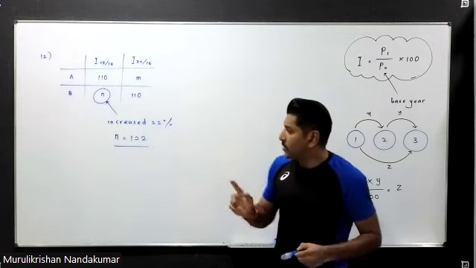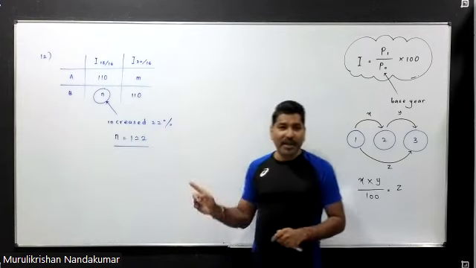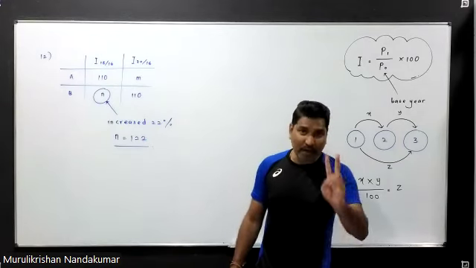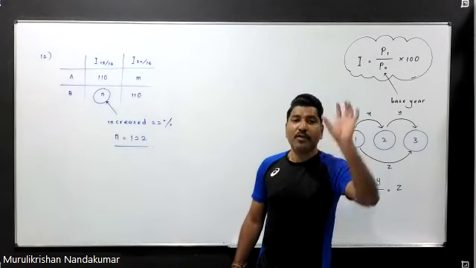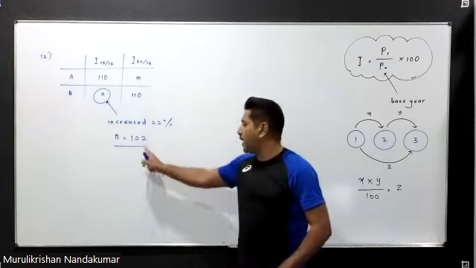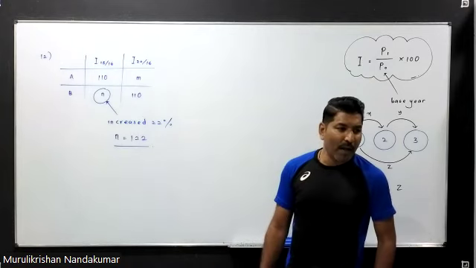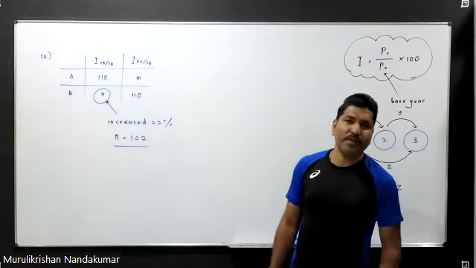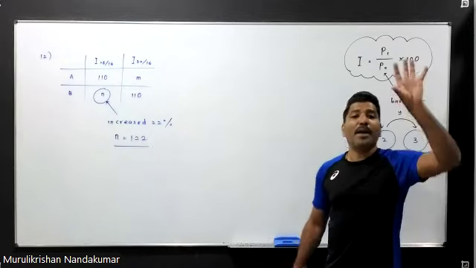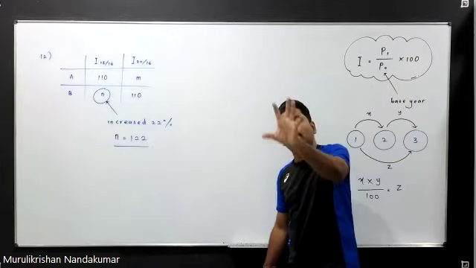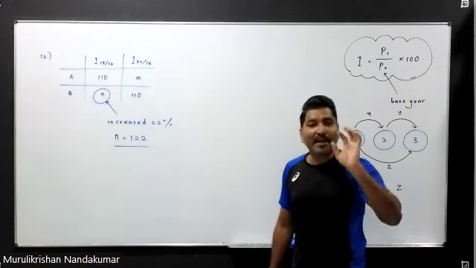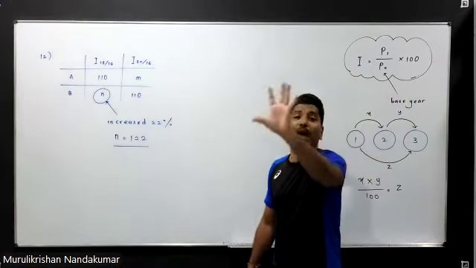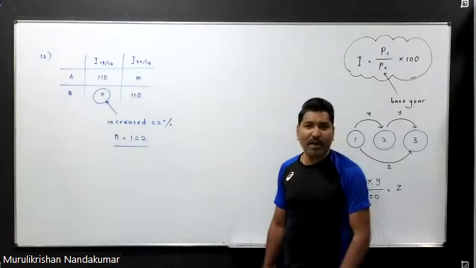Sekarang dia kata increased 22, right? So ambil 100 plus with the 22, you get 122. So that is the meaning of increase 22%. Kalau dia kata decrease, ambil 100, tolak apa yang decrease, you akan dapat dia punya index. Boleh faham?